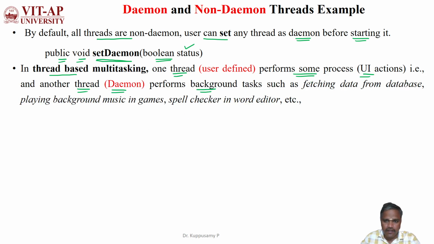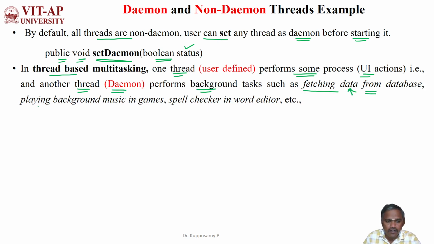For example, when you are entering data, that data will be stored in the database, and also some data is received from the database. So fetching data from the database and storing data into the database run in the background of the program. So this process is called a daemon thread.